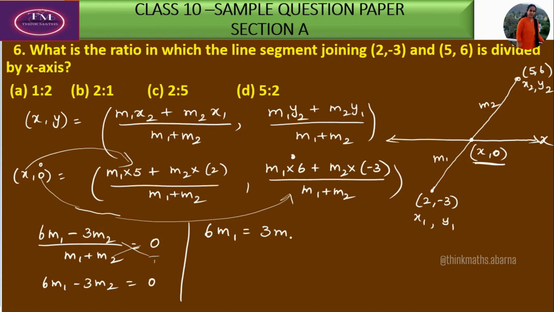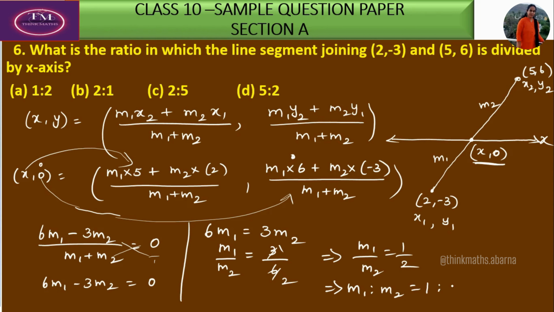Now I am writing m1 divided by m2, bringing m2 down to the denominator. On this side we have 3 divided by 6, and we can cancel by the 3 table: 1 3s are 3, 2 3s are 6. This means m1 by m2 is equal to 1 by 2, that is, m1 is to m2 equals 1 is to 2. So the ratio is 1 is to 2, and option A is our correct choice.